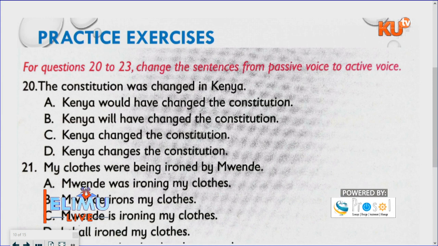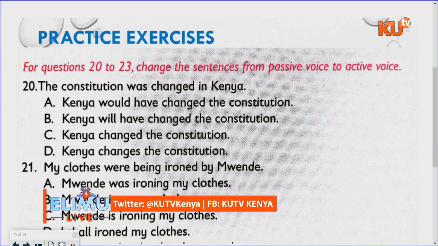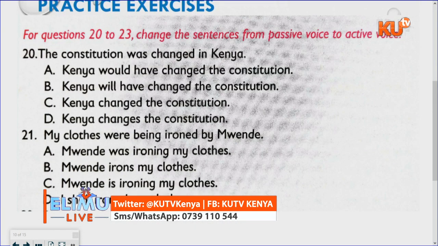The Constitution was changed in Kenya. It is in passive voice because you are starting with the object, which is the Constitution, but the subject of the sentence is Kenya. So Kenya changed the Constitution. The second sentence is, my clothes were being ironed by Mwende.